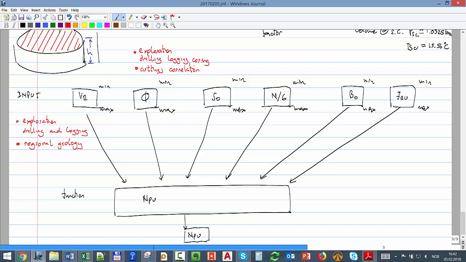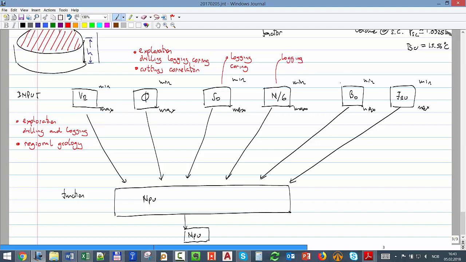Oil saturation, where from? Logging. Anything else? Coring. What else? Net to gross? Logging. Nowhere, no other place.